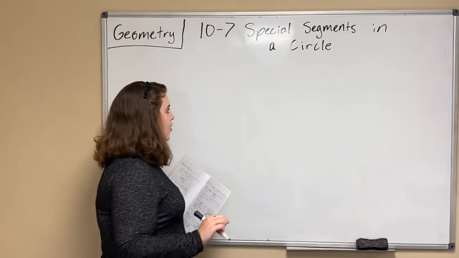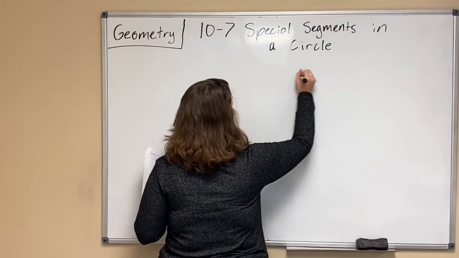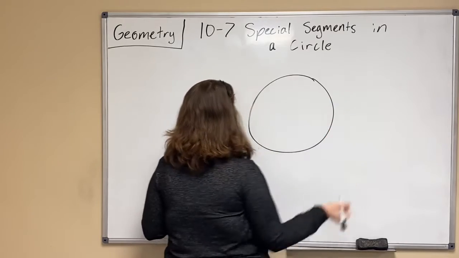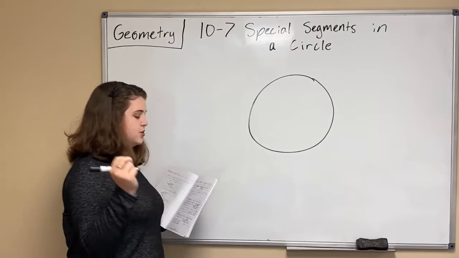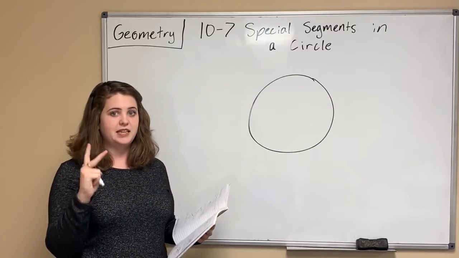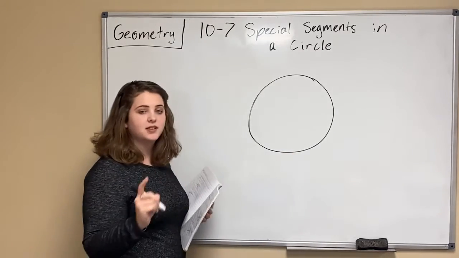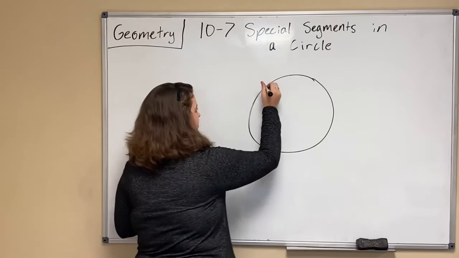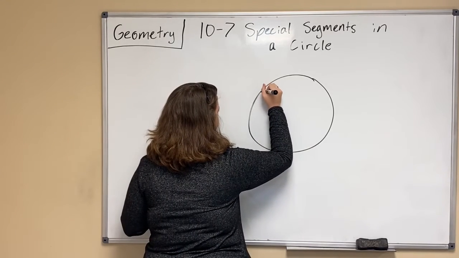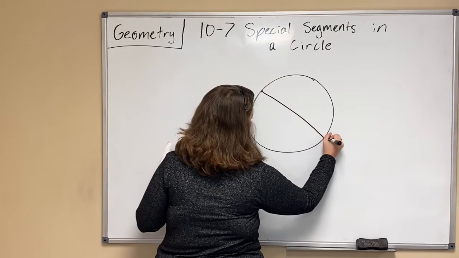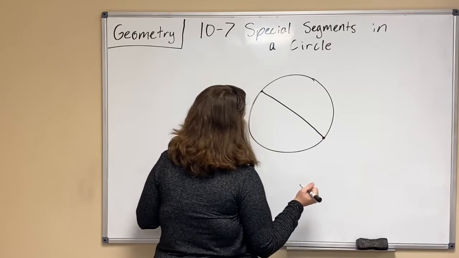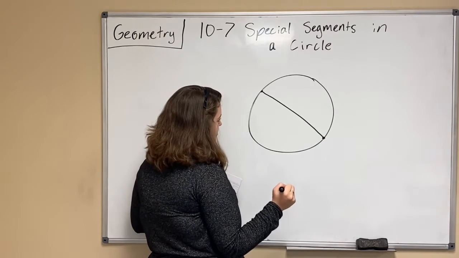Okay, so the first thing we're going to talk about is, let me draw my circle. If I have two chords that intersect inside of a circle. If you guys remember, a chord is a line segment that's inside the circle and it hits both sides of the circle. That's a chord.